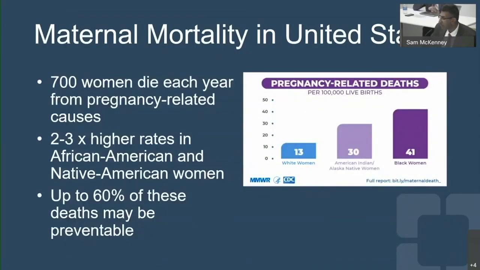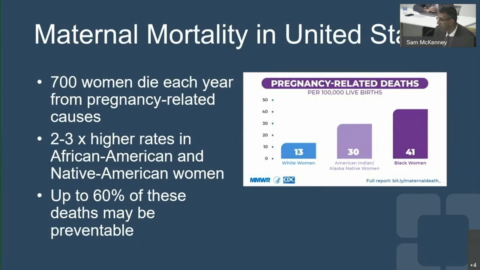Every year, approximately 700 women die from pregnancy-related causes. And that may be a little bit of an underestimate because there are some deaths that aren't reported as pregnancy-related that probably are. The incidence is higher in certain populations. In certain minority populations, you have a 2 to 3-fold increased rate in Native American and African American women.